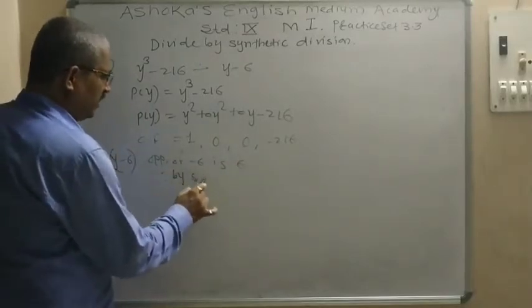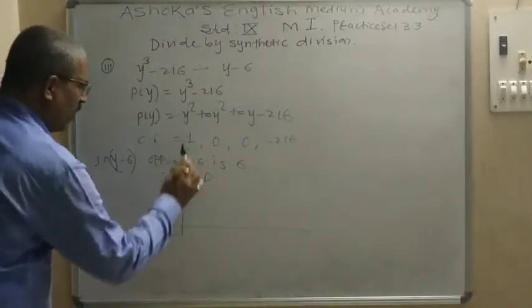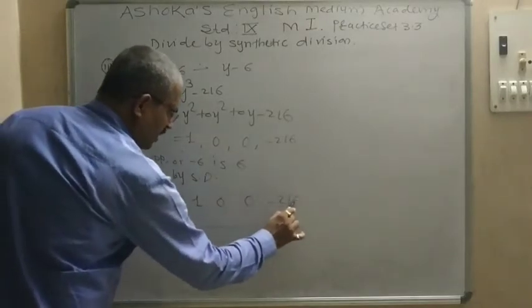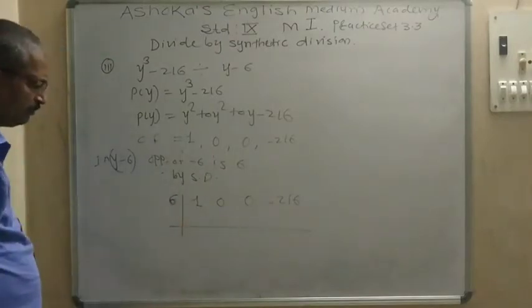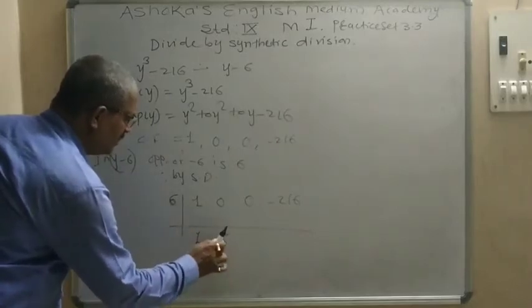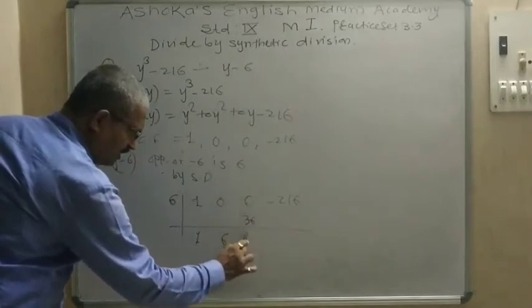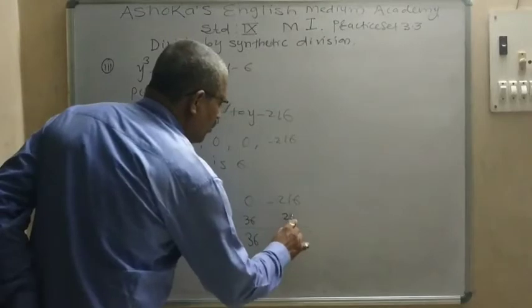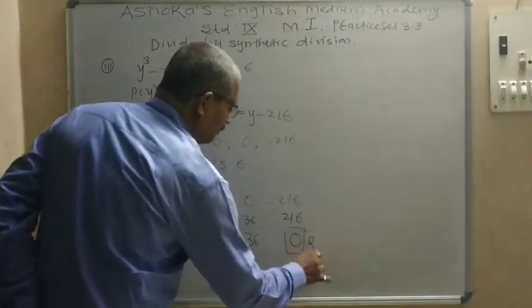Therefore, by synthetic division, 1, 0, 0, minus 216, and this 6 is taken here. So take 1 here now. 1 into 6, 6. 6 6s are 36. 0 plus 36, 36 as it is. 6 into 36, positive 216, and remainder is 0.